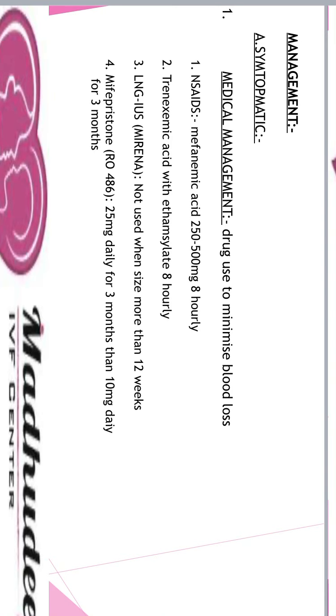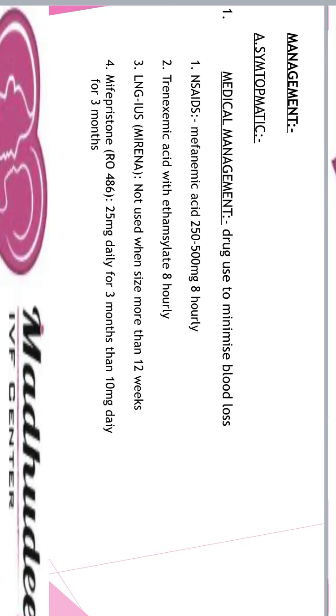In newer drugs, mifepristone has come. Mifepristone is the drug you use for the MTP pill. The mifepristone in the MTP pill is 200 milligram, a single tablet you give. Here, mifepristone 25 milligram daily for 3 months followed by 10 milligram daily for another 3 months helps to reduce the size of the fibroid.